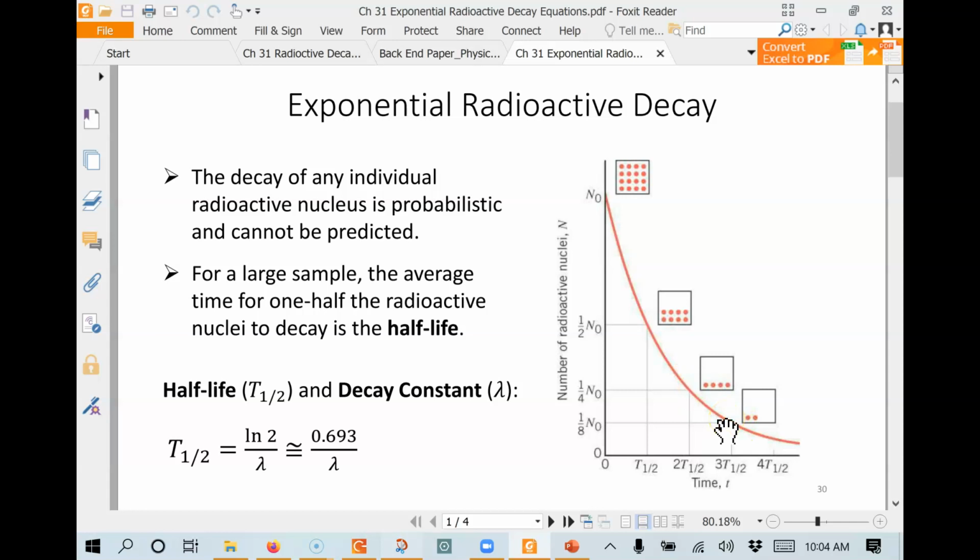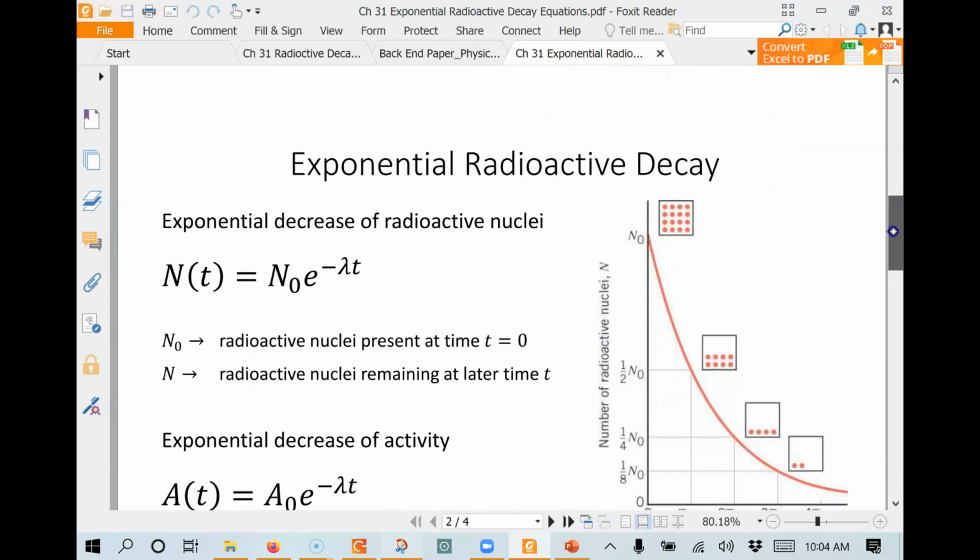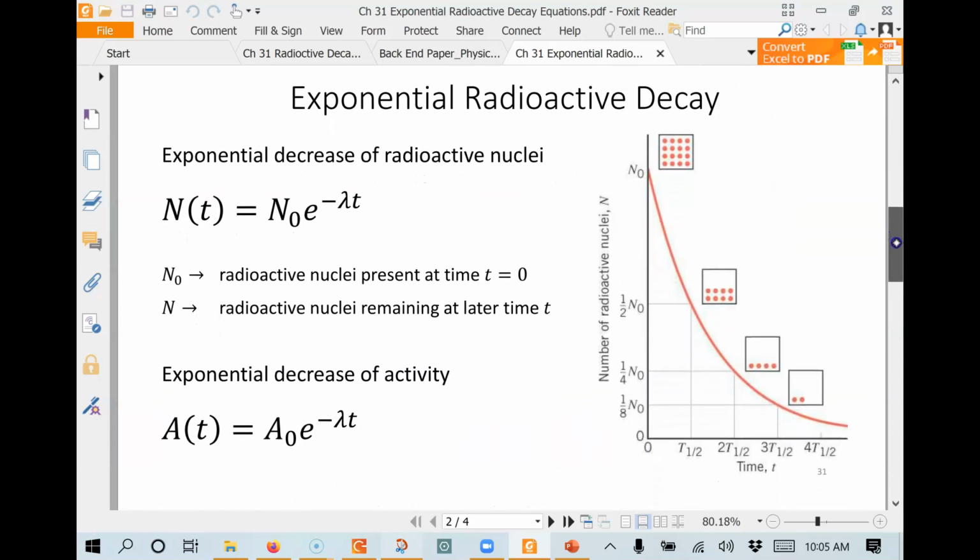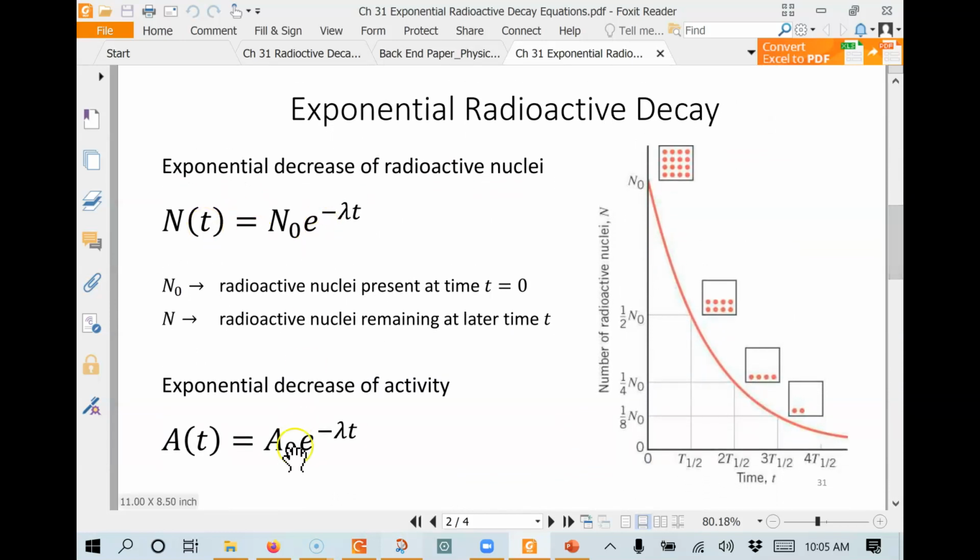That follows exponential decay. Now, it could be a lot of things. It could be the number of nuclei that is decreased by half. It could also be the activity, because remember, activity is the decays per unit time, and that's how many nuclei you have decaying. So whether it's the number of nuclei or the activity, they both decay exponentially. At any given time t, we can calculate the number of nuclei or the activity at that moment.